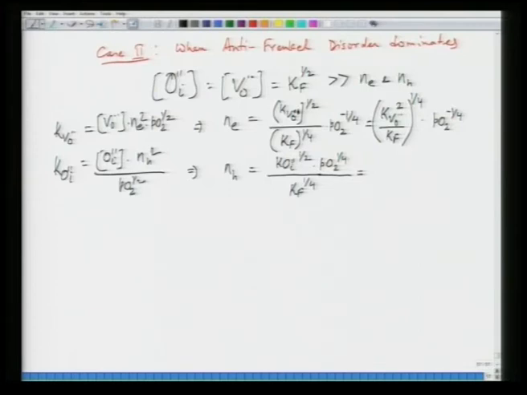So, this becomes KOI divided by Kf to the power 1 by 4 into PO to the power 1 by 4. So, we have established these two conditions for stoichiometric condition.